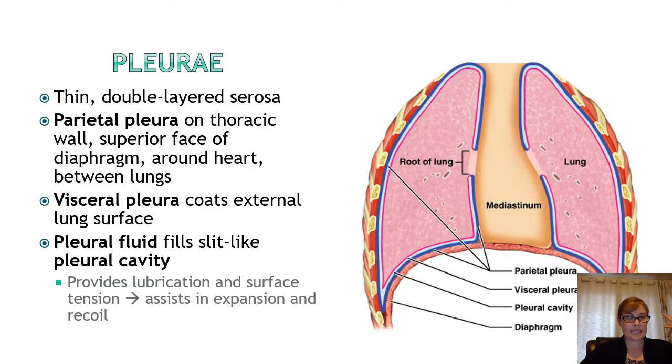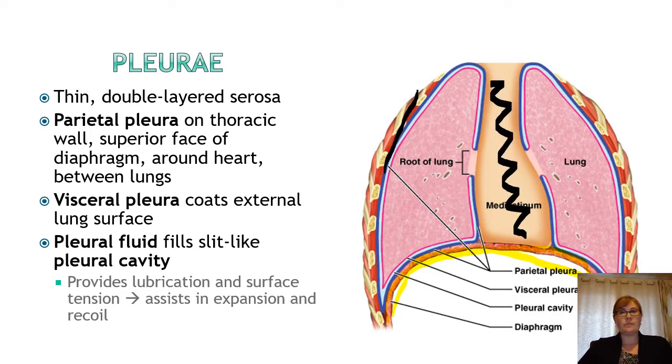So our last thing here on anatomy would be the pleurae. Okay, so on this particular picture, you can see the diaphragm is down below, and then we have the mediastinum, this area in the middle, and then we have our ribs along the outside.